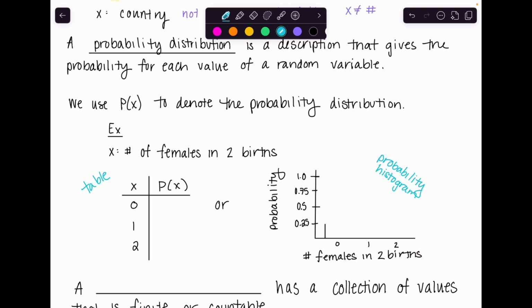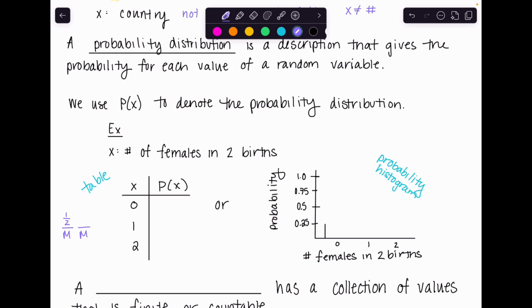So we're going to start by going through the table because this is a situation where we individually can calculate the probabilities. So you can go through every single event if you want, but really there are 2 events. Okay? If you think about the case of there being no females in a birth, that would mean your firstborn has to be a male, your secondborn has to be a male. And then we're going to assume that it's equally likely to have a boy or a girl.